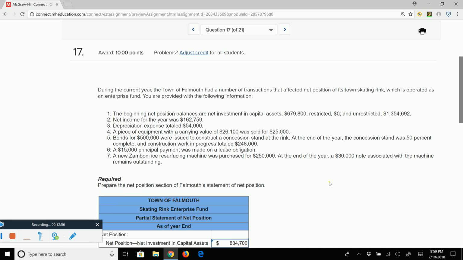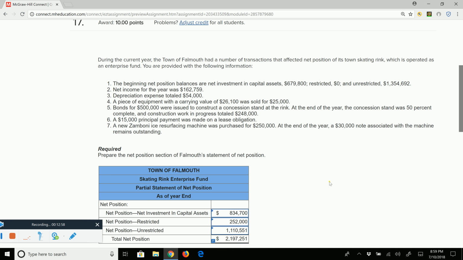Okay, this next homework problem has nothing to do with transactions or journal entries, but this is a great homework problem in discussing how the three categories of net position roll forward from the beginning of the year to the end of the year.